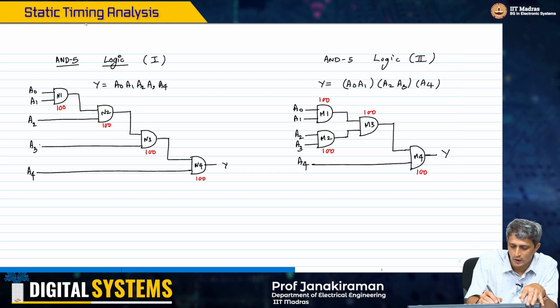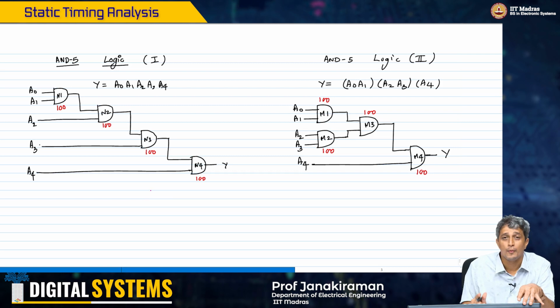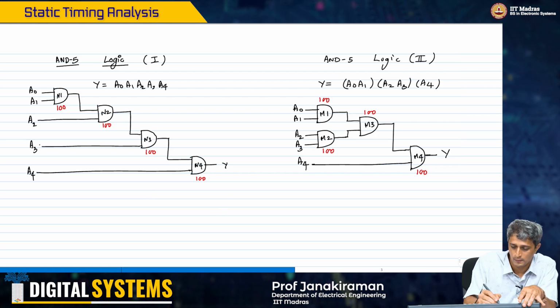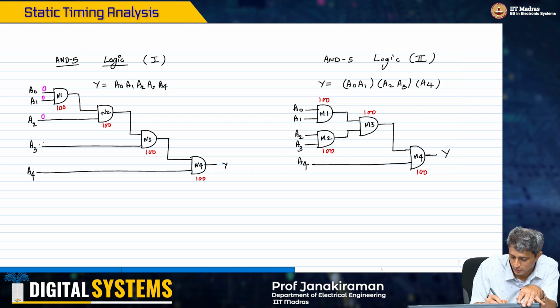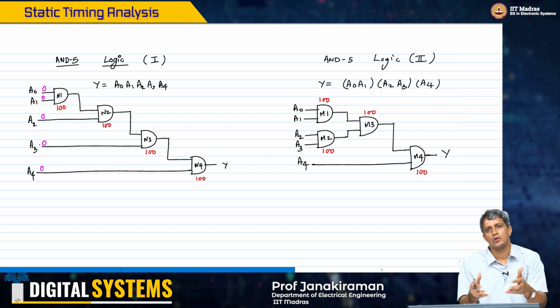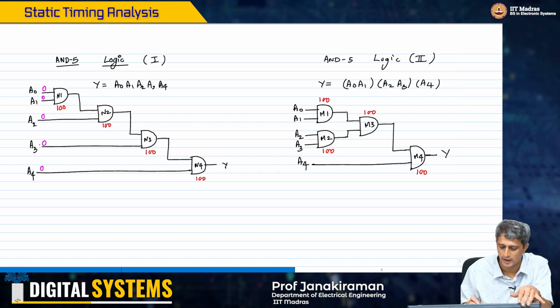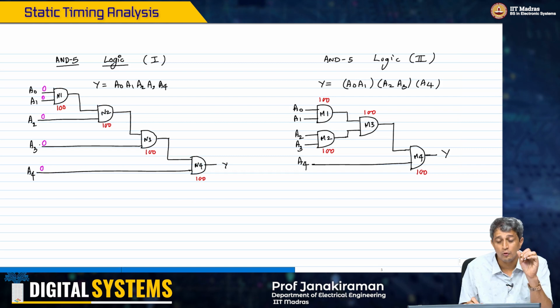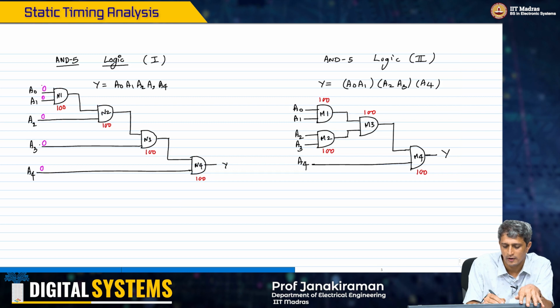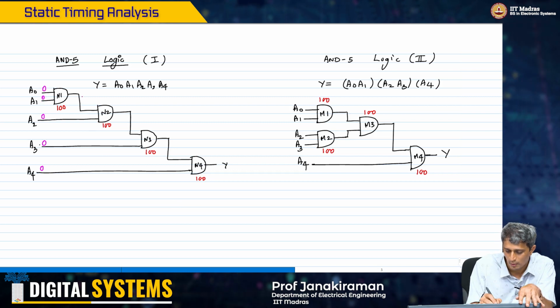Now let us go ahead and actually plot the arrival times. I am going to write the arrival times on each wire in magenta. These are all primary inputs. You can assume they arrive at time t equal to 0, without loss of generality. Now the output of N1 will stabilize at max of the arrival time of the inputs of N1, that is 0, 0 plus 100.